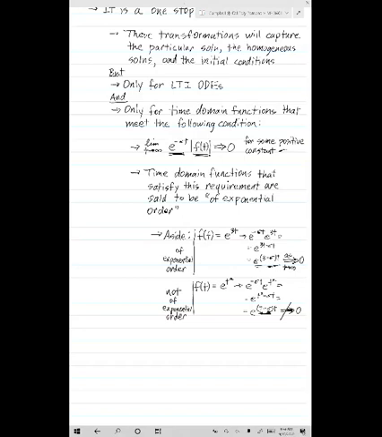But even with that, we can see that the Laplace transformation has limitations. Again, like we were working with these expressions before, it can only deal with LTI ODEs, and it can only work with these functions of time that are of exponential order.